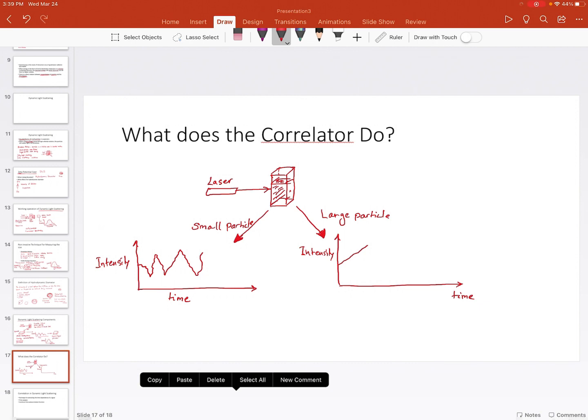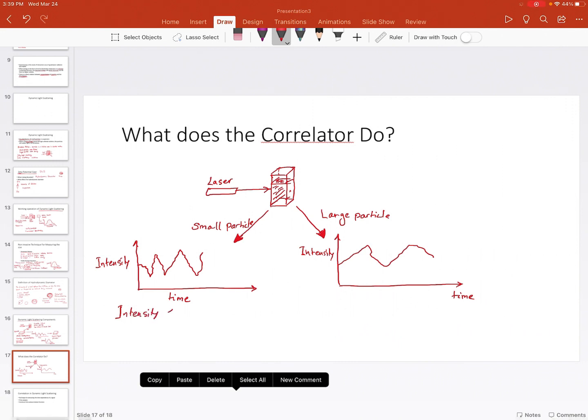But if we have larger particles, we have a diagram similar to this one. And in this one, the intensity is fluctuating in a much longer time scale. Because the particles are larger, they are moving with lower speed.